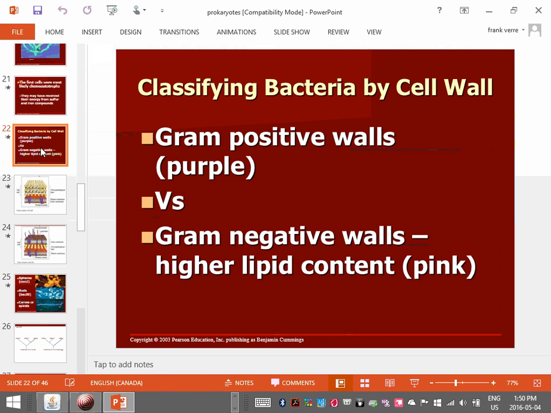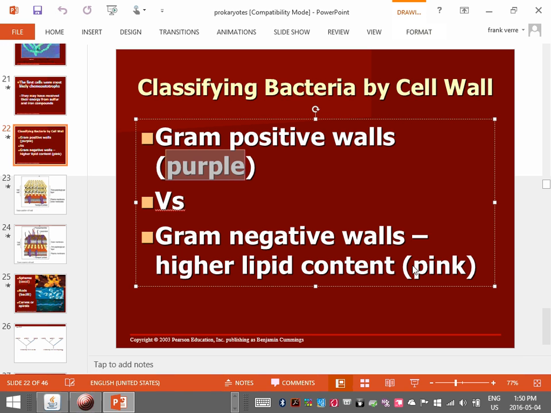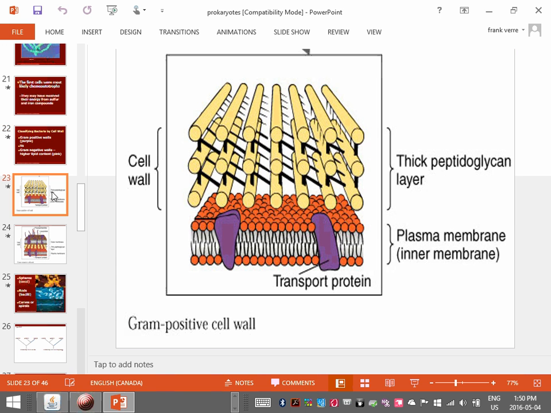What we'll be doing is a neat little experiment where we can visualize them, and this is called a gram stain test. I'm not going to go into too much detail today, but we'll start it on Monday and finish it on Tuesday. The gram stain test allows you to see whether bacteria are going to be purple or pink when you put them through this procedure. The idea is pretty simple, actually.